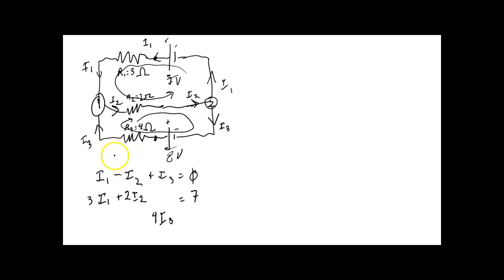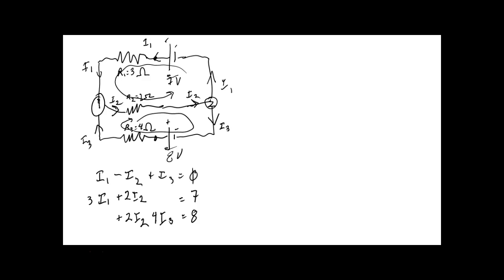Then you get up here, and it's plus 2 I2, that's the voltage drop across that 2 ohm resistor with a current of I2, and that has to equal, you make it all the way around here, no other drops until you get to 8. So these are our 3 equations, 3 unknowns, our 3 currents.